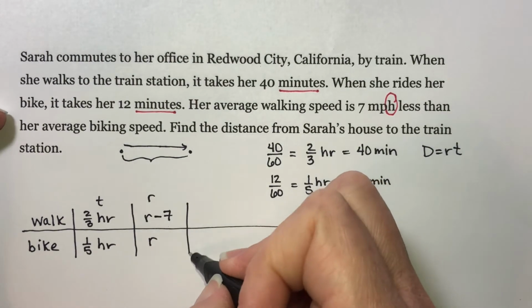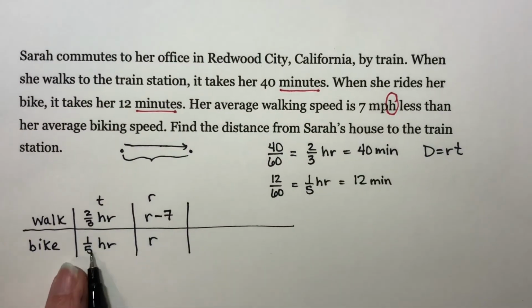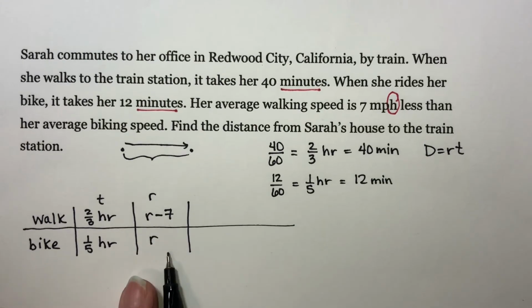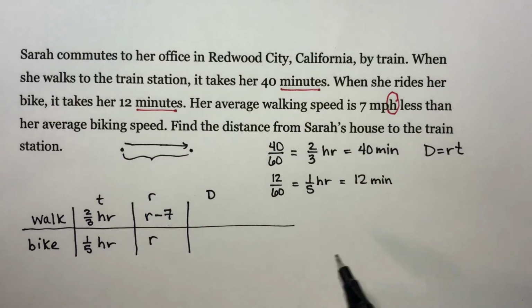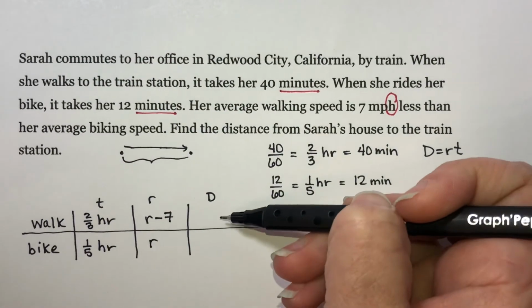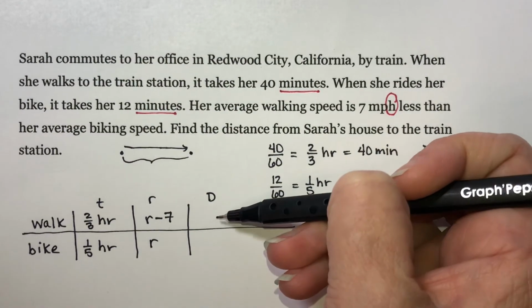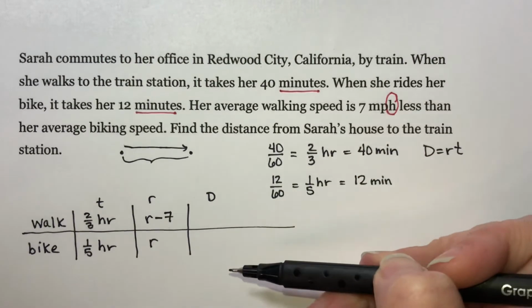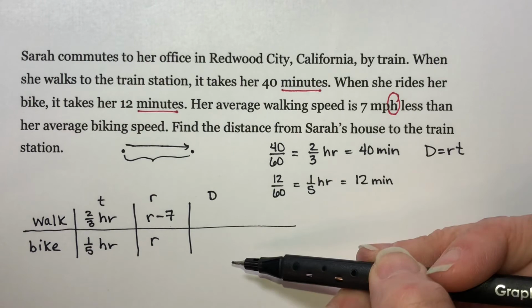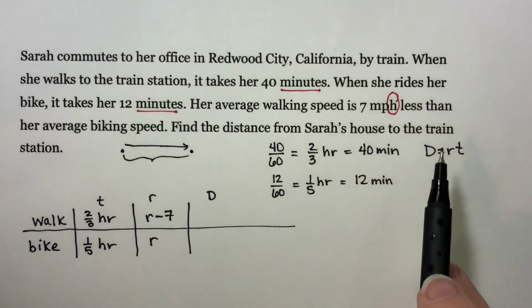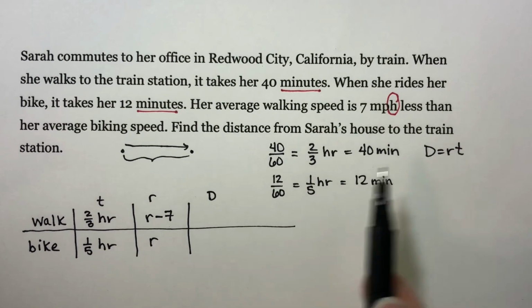Okay. So now we have a way of talking about the time traveled and the rate. We need a way of talking about the distance, and we know the distances are the same. So if I can find a way of talking about the distance when she's walking, and also the distance when she's riding her bike, I should be able to set them equal and solve it. Okay? Distance equals rate times time.